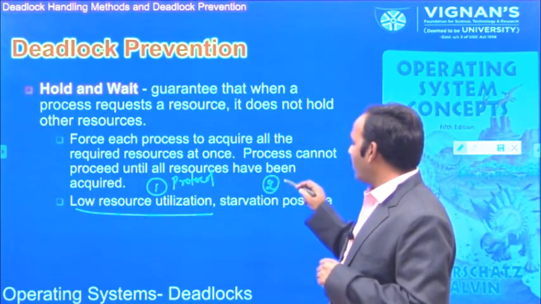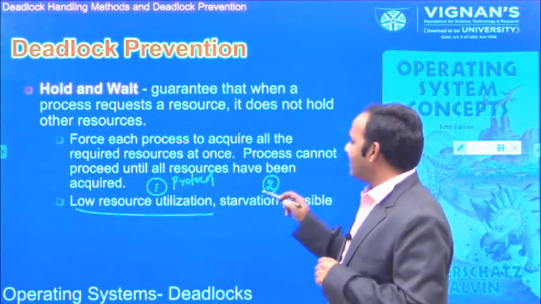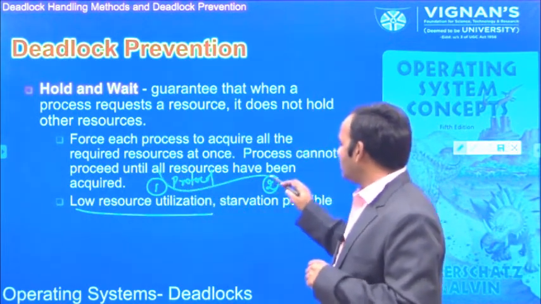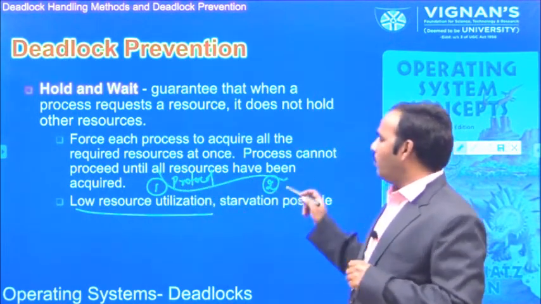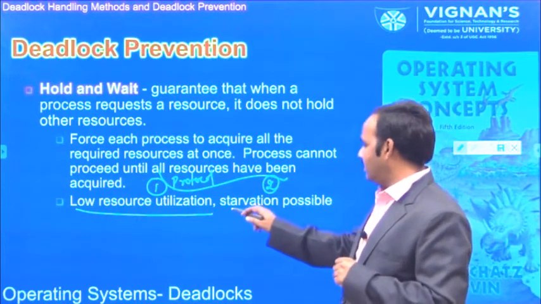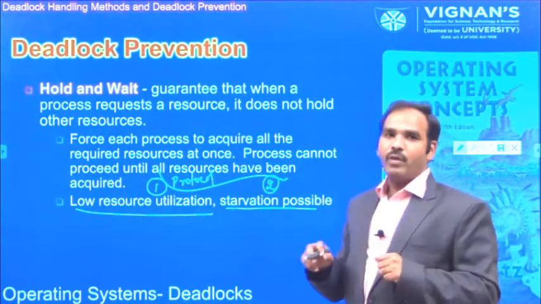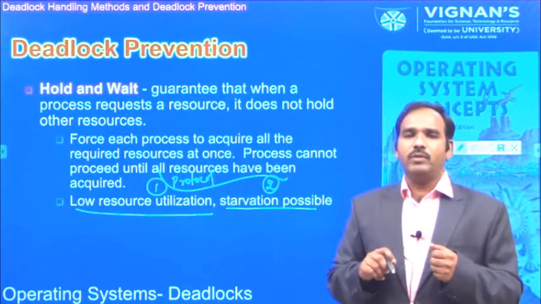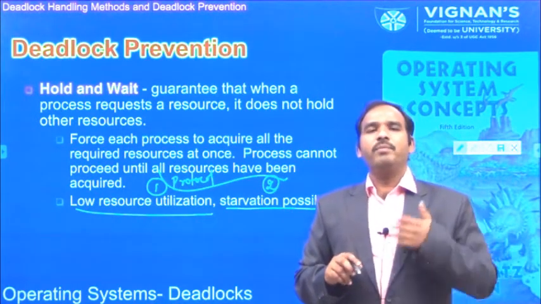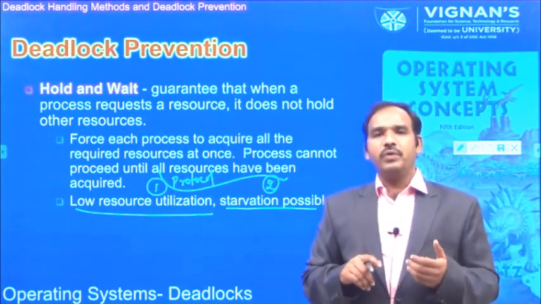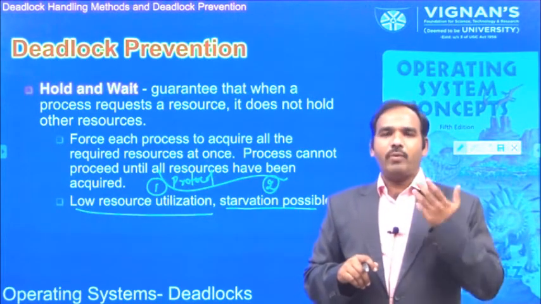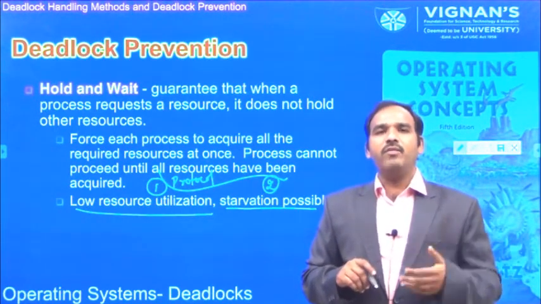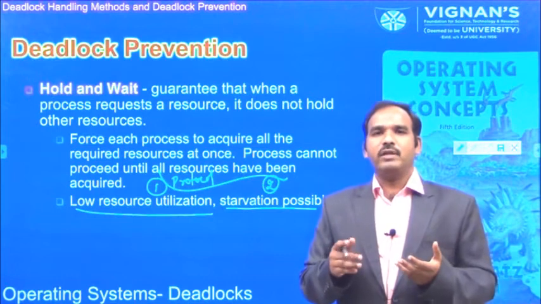What is the second disadvantage in both protocols? The second disadvantage is that starvation is possible. If there is a busy resource like the CPU or processor, that processor is always busy among the processes.